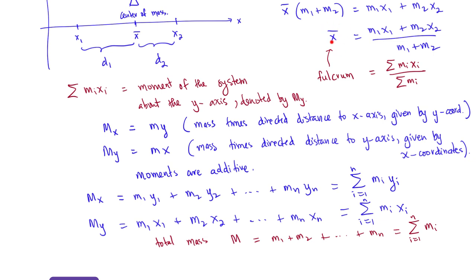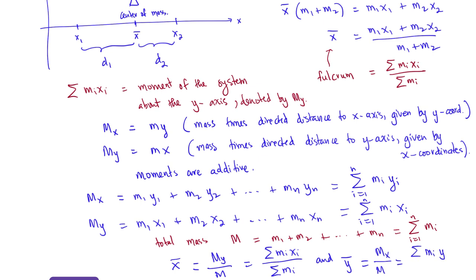In the two-dimensional or two-coordinate system, x bar is therefore the moment about the y-axis divided by the total mass, which is the sum of mi xi divided by the sum of mi, and y bar is the moment about the x-axis divided by the total mass, which is the sum of mi yi divided by the sum of mi.